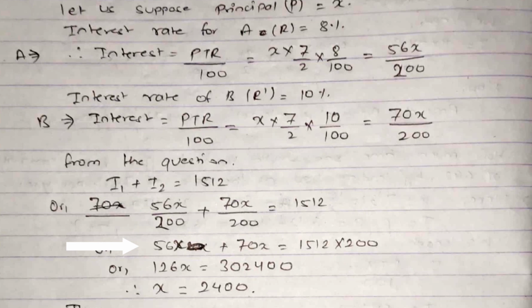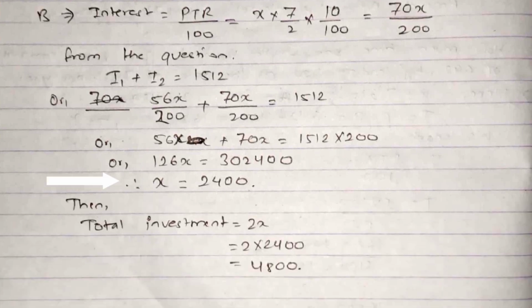So 200 goes to the right side to be multiplied by 1512. Multiplying 1512 by 200, we get 302400, and 56x plus 70x is equal to 126x. Therefore, dividing 302400 by 126, we get the value of x to be 2400. So the principal amount is calculated to be 2400.